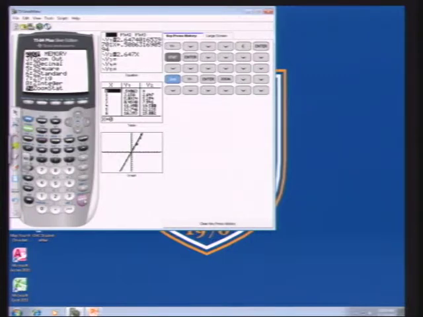So if I hit enter, it's given me the points that I've got. I've actually already put an equation in there, so I'm going to go and deselect that equation so that I'm just looking at my points. These are the ones where the Y represents the mass or the weight, and the X represents the volume.